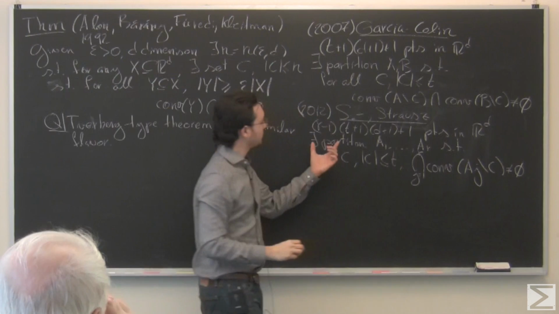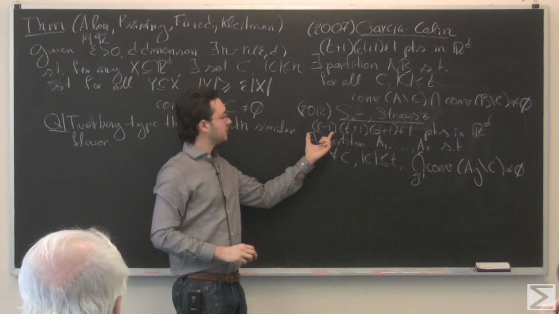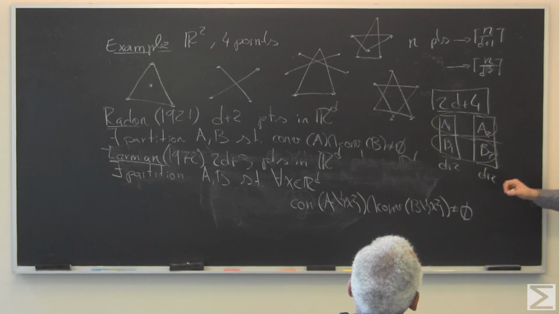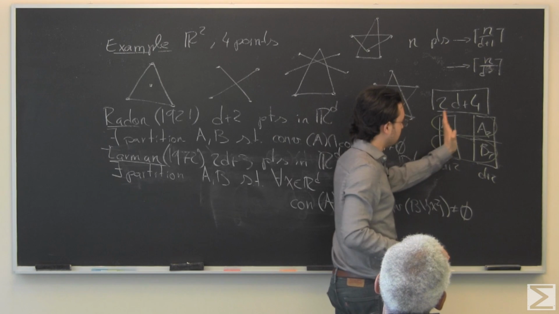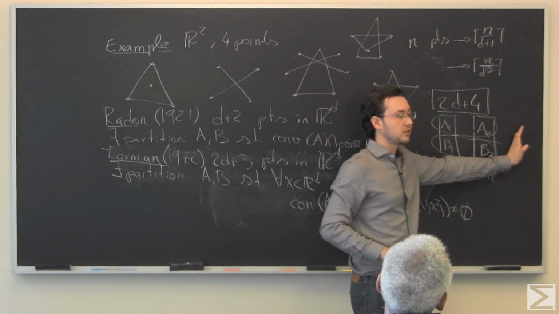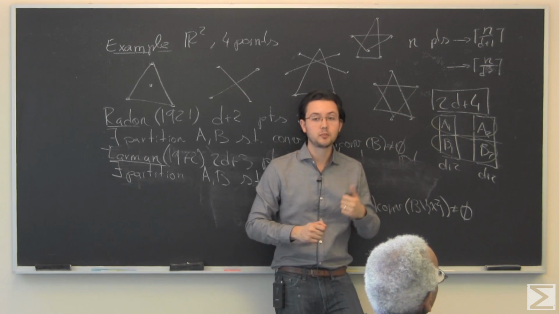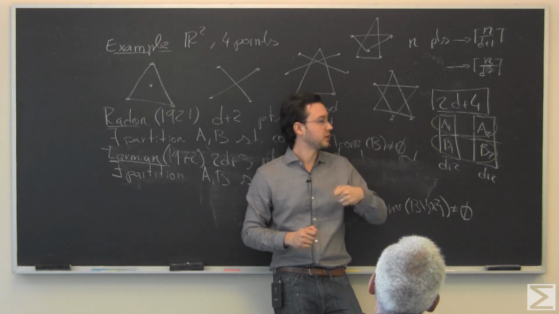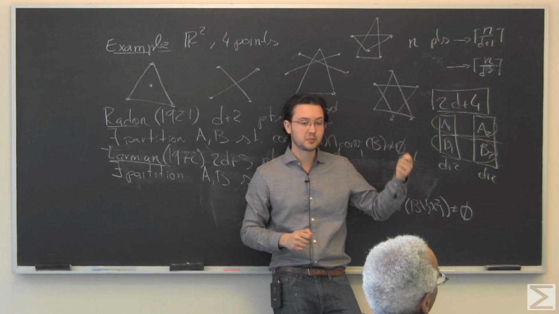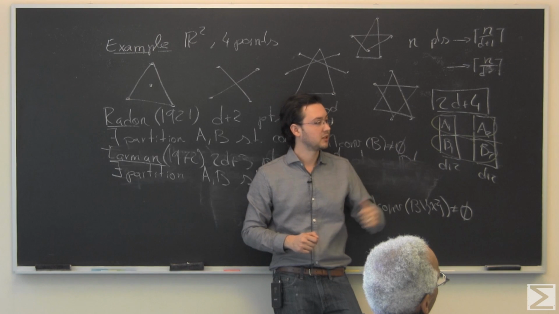So you get a non, I mean, if you try to do this argument of taking Radon partitions over and over again, that tells you that you basically save 1 point as you increase t. Okay, so every time t increases by 1, you save 1 point over the trivial bound.